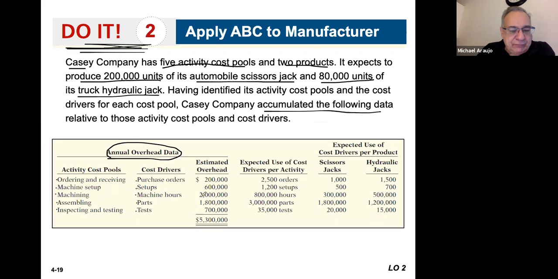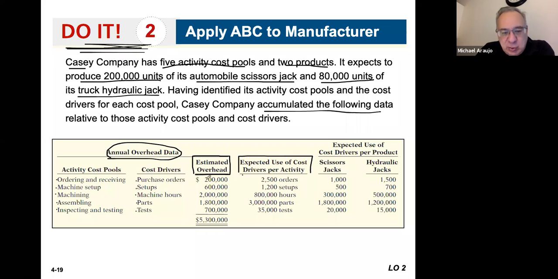This is the amount of money that they've estimated each of those activities will cost them. So that's the same as part 1 or step 1. Next they give you the expected use, right? So of all of these purchase orders, they expect this $200,000 to be for 2,500 purchase orders. Of the machine setups, they think it's going to be 1,200 setups.